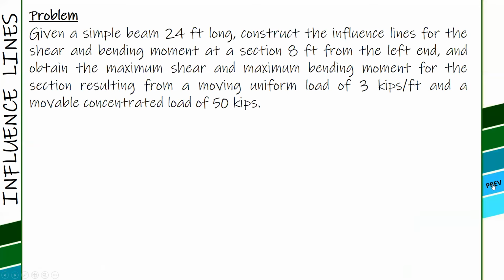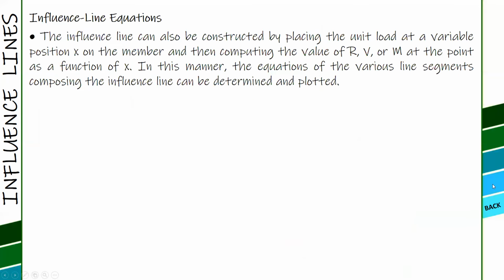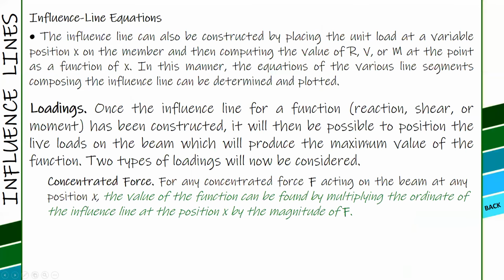Now, let us first go back to the condition for loadings. Once the influence line for a function, either reaction, shear, or moment, has been constructed, it will then be possible to position the live loads on the beam which will produce the maximum value of the function. Two types of loadings will now be considered.